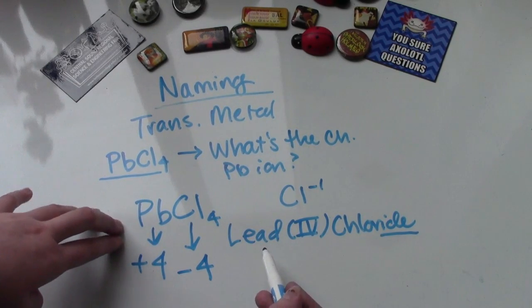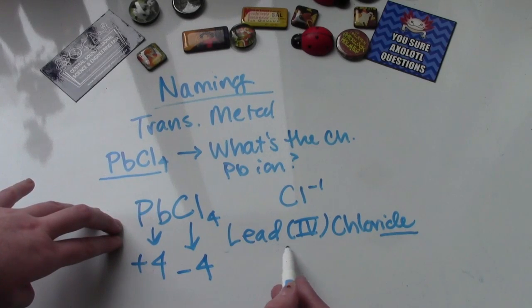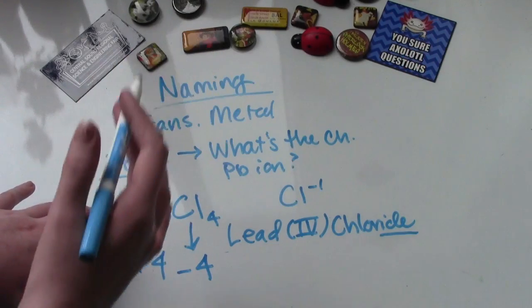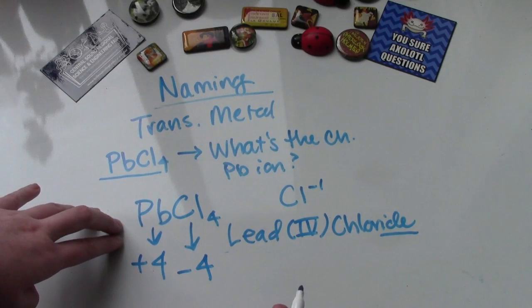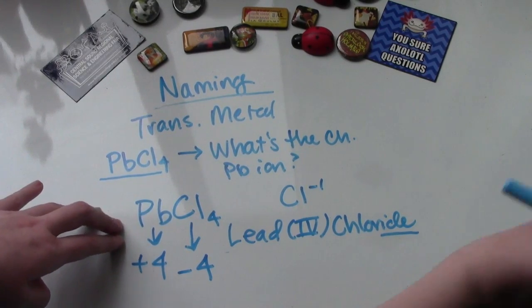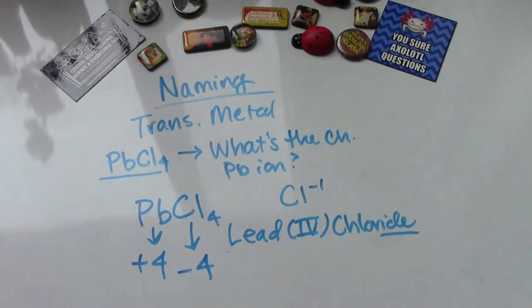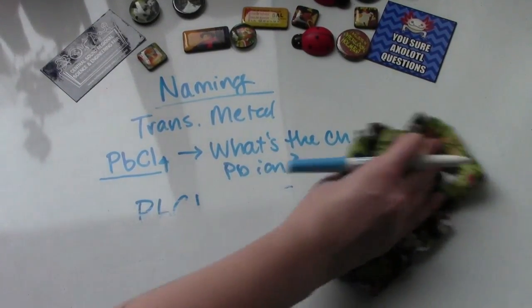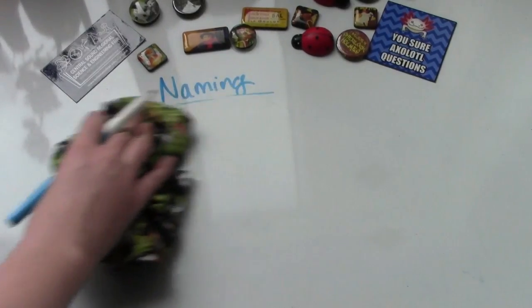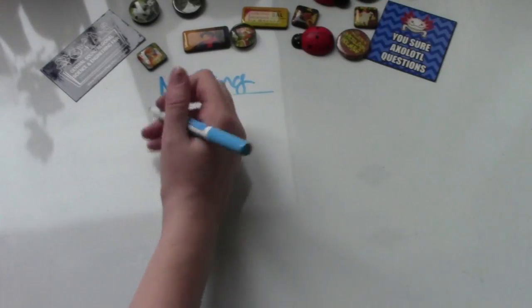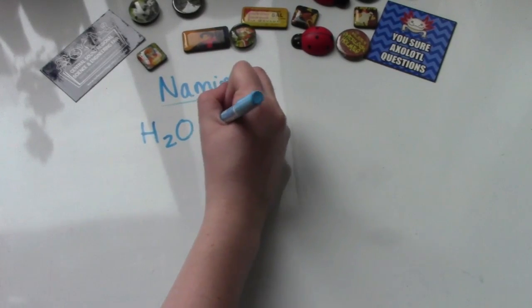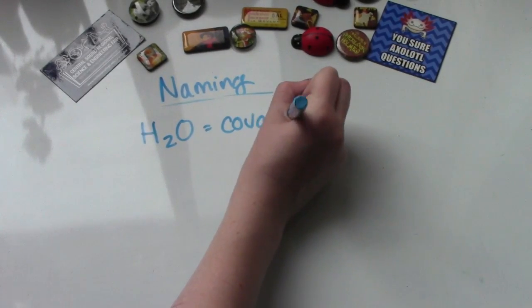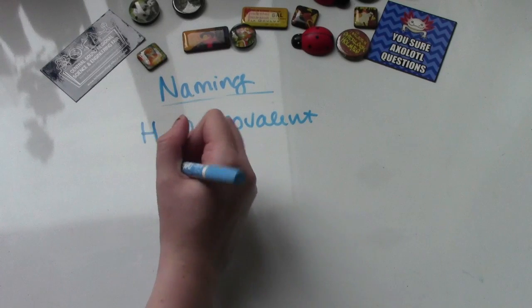The only time that the first part of a name has a prefix or a suffix is if it's a covalent compound, which I'm going to show you. So we're going to take our good old friend H2O, water. This is a covalent compound, and I'm going to name it.